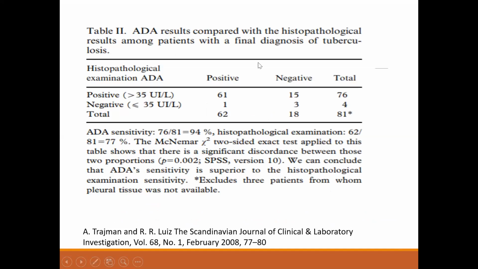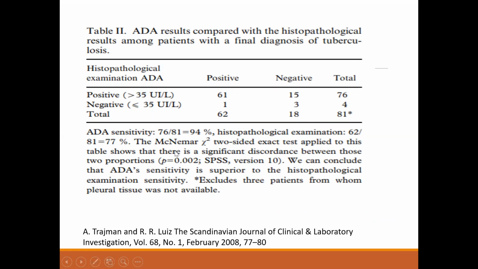This is another example where McNemar's test was used in one of the studies. Here they compared the ADA results with histopathological examination for diagnosis of tuberculosis.